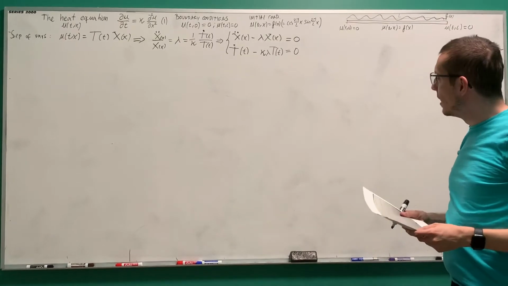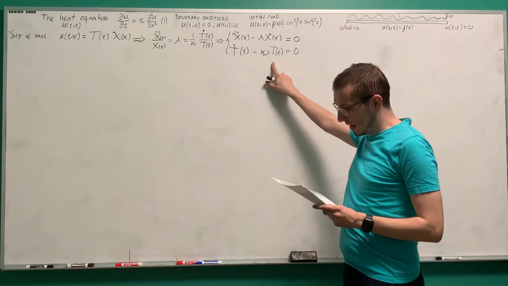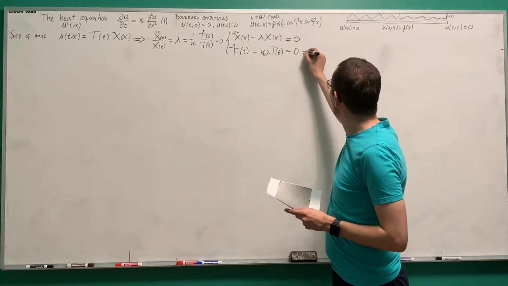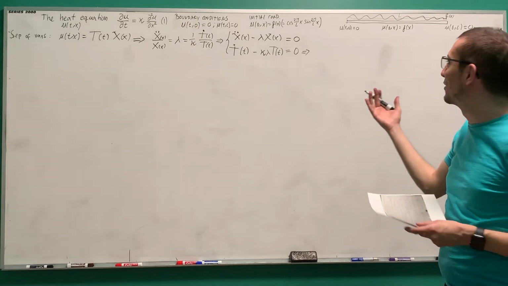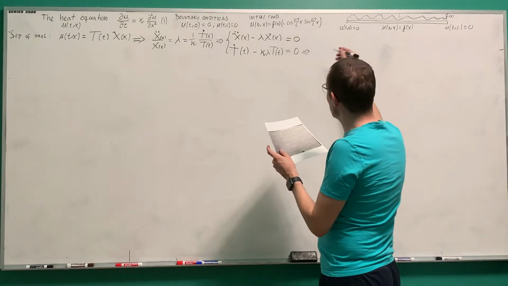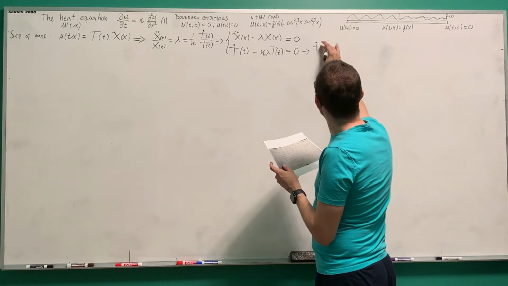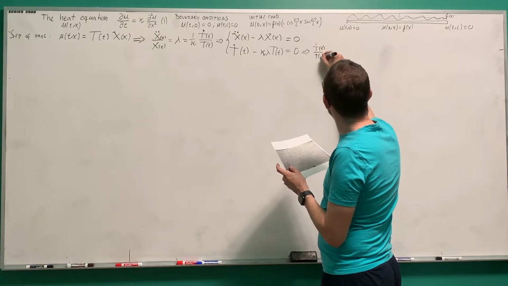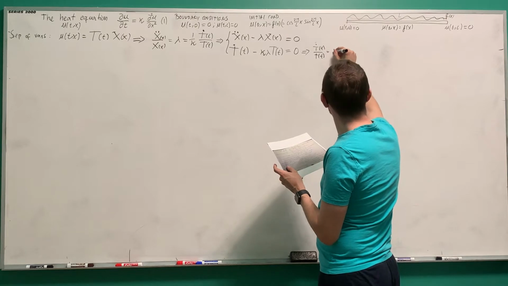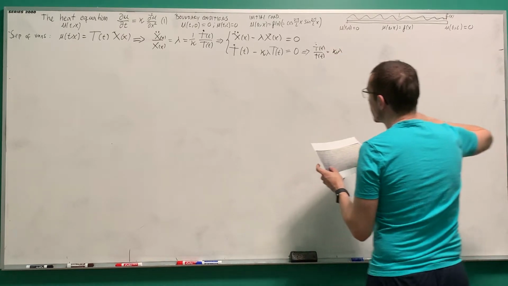They're pretty simple. The second one, it's very, very simple. It's a first order equation. And not only is it a first order equation, it's a separable first order equation. Let's quickly solve it. So let me just write it again, T dot of t divided by T of t is equal to kappa lambda, all right?